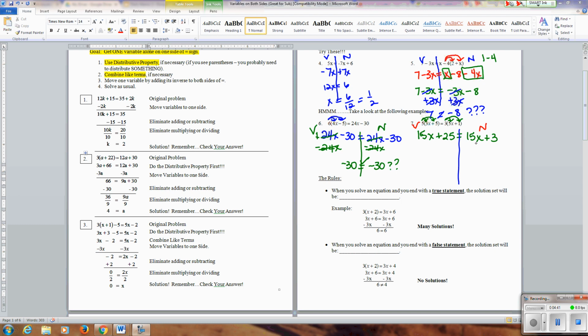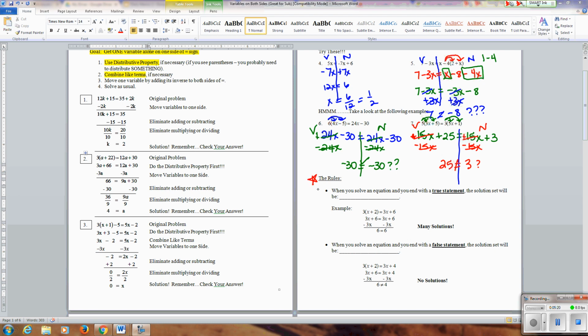I knew that as I wrote them. Notice I have a positive 15x here and a positive 15x here, so I have a feeling the same thing's going to happen. I'm going to move this 15x over here, but now I've got positive 15x and negative 15x, and that adds to 0, leaving me with 25. And then I have another positive 15x and negative 15x, which adds to 0, which just leaves me with 3. Okay, and that's not true. They're not equal either. 25 does not equal 3.